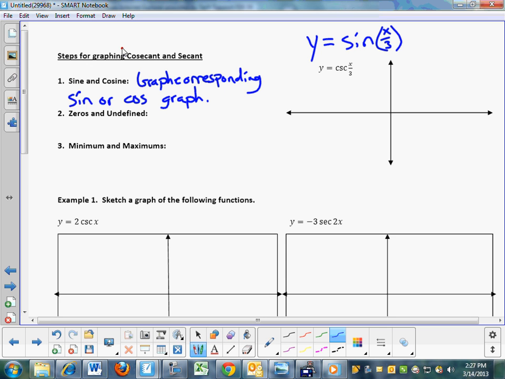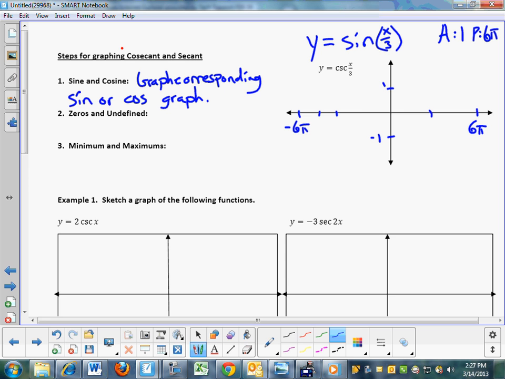So let's look at that. What's the vertical shift? 0. What's the horizontal shift? What's the amplitude? What's the period? Six pi. 2 pi divided by 1/3. Okay, so I mark it out: 1, -1, 6 pi, -6 pi.